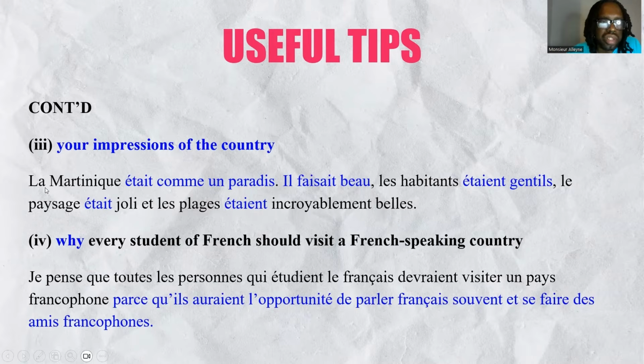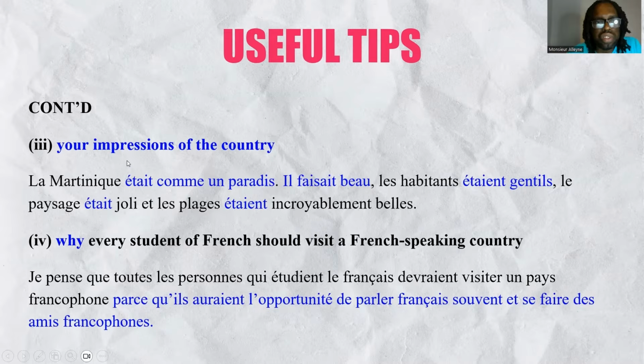And what that is saying here is Martinique was like heaven. Right? It was like a paradise. The weather was beautiful. The inhabitants were nice, or the people there were nice. The scenery was lovely. And the beaches were incredibly beautiful, right?